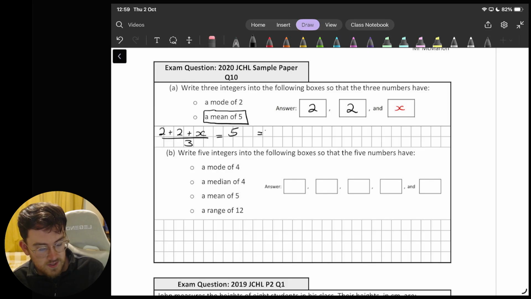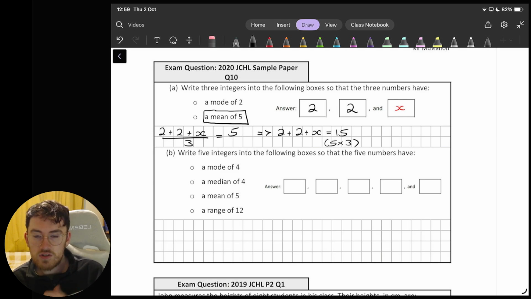So another way of thinking about this is the three numbers must add to 15, the 15 being the mean of 5 times 3. So the three numbers must sum to 15 to give me that mean of 5. And we already know two of them have to be 2 because we need a mode of 2. So since we've already included 2 and 2, which is 4, the last one must be 11.